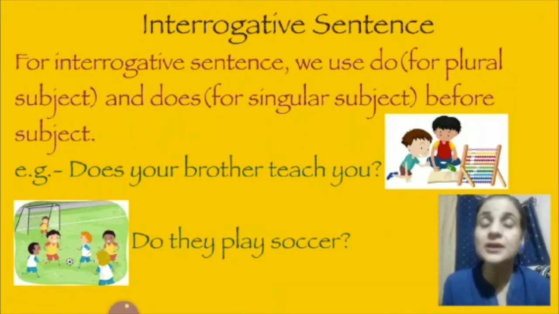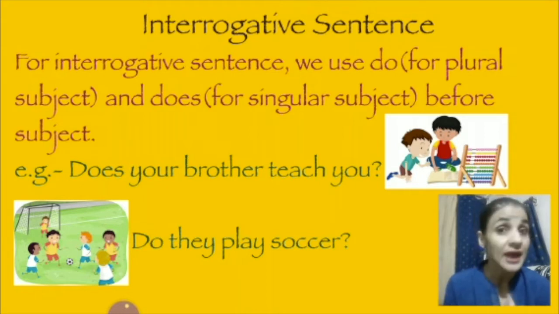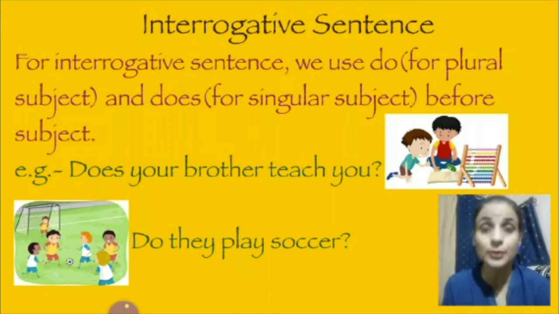For example, does your brother teach you? It's an interrogative sentence in present simple tense. Brother is a singular subject, so we are using does. Next example is, do they play soccer? They is a plural pronoun, so we will use do before they for making an interrogative sentence.